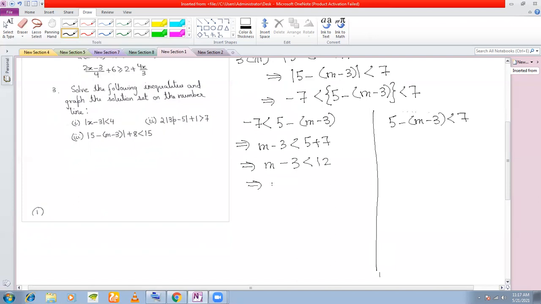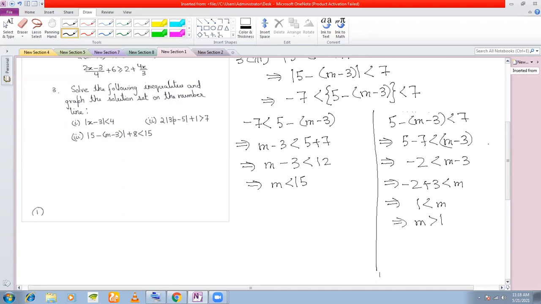That means m is less than 15. And here you have 5 minus 7 is less than m minus 3. That means minus 2 is less than m minus 3. That means minus 2 plus 3 is less than m. That means 1 is less than m. That means m is greater than 1.